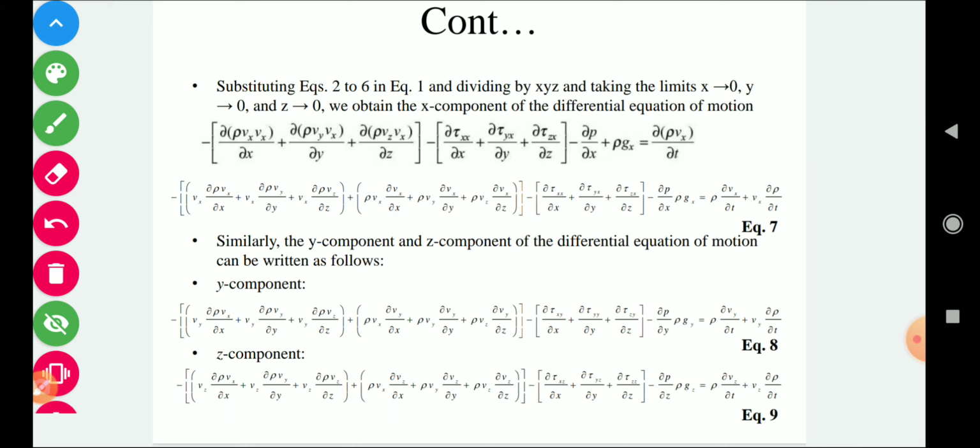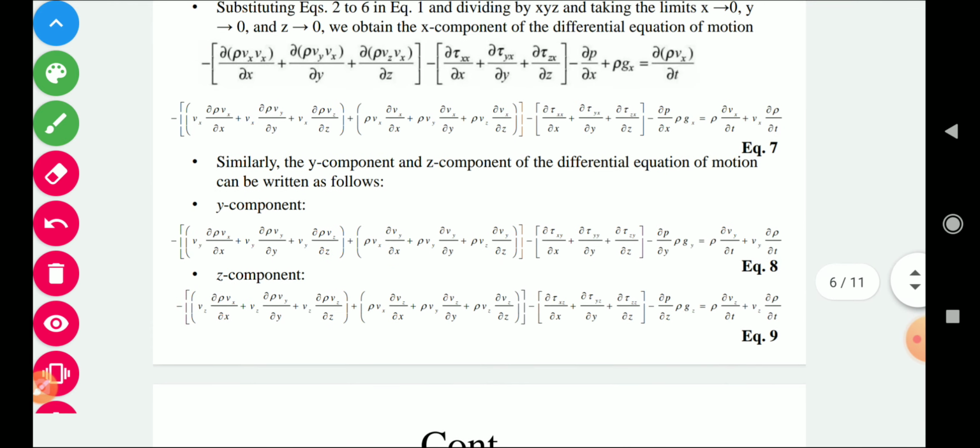Similarly, the y component and z component of the differential equation of motion can be written as this. This one is the y component, this was the x component of momentum, this one is the y component of the momentum, and this one is the z component of the momentum.